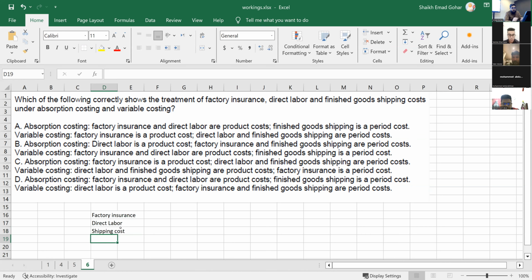You need to identify what this cost basically is. Is it material? Is it labor? Is it variable production overhead? Is it variable selling overhead? Is it fixed production overhead or fixed selling overhead? Then you can easily give the answer. I'm giving you 2 minutes for this. Try and tell me the answer.